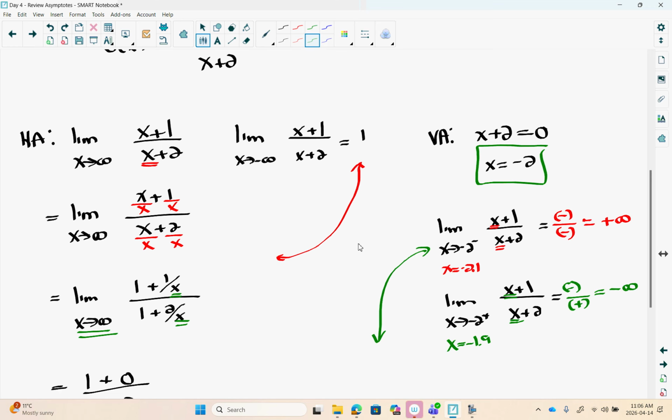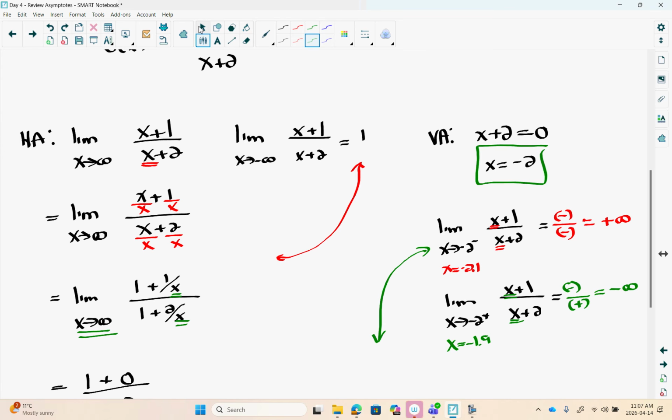And there's what your curve would look like, something like this. What height would it be bending towards here? 1, and same thing over here. So vertical asymptote at x equals negative 2, horizontal asymptote at y equals 1. Fair enough? That part is just review. Those are the things that we did the last couple days.